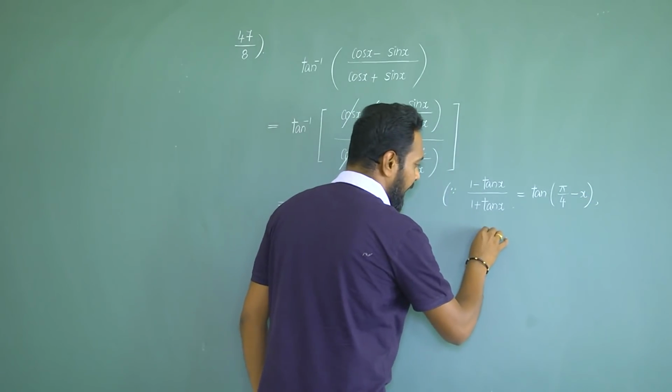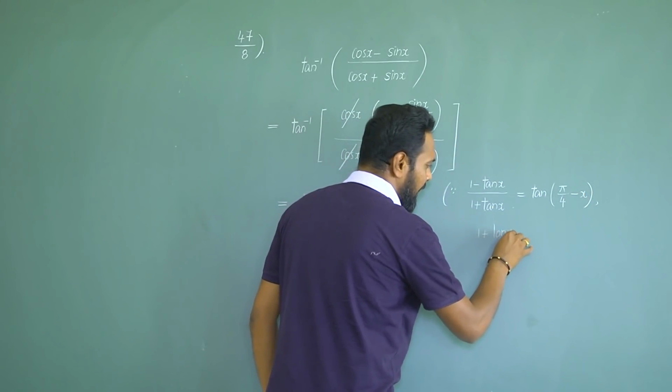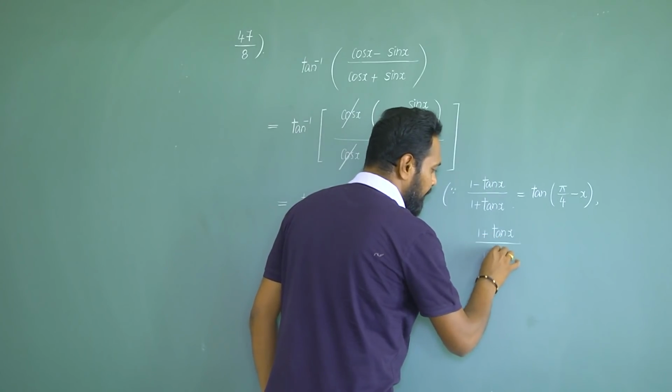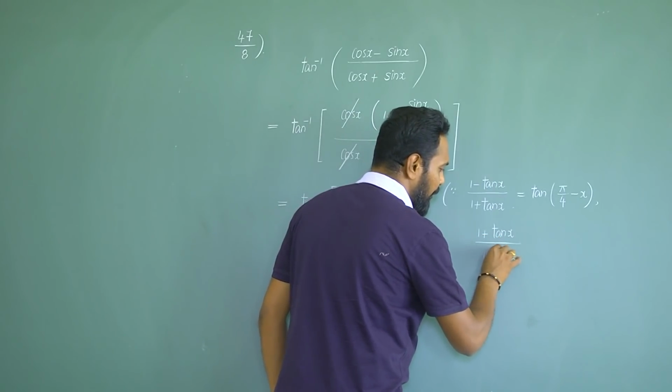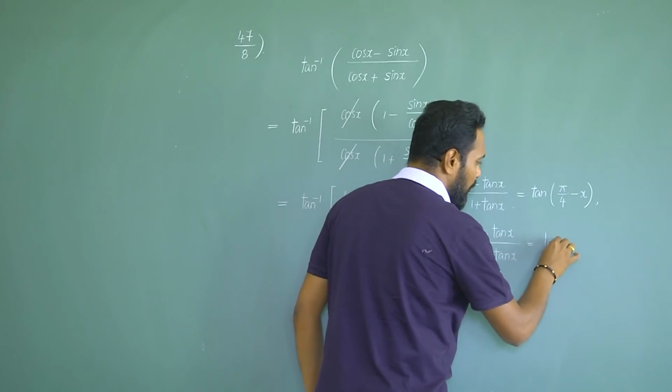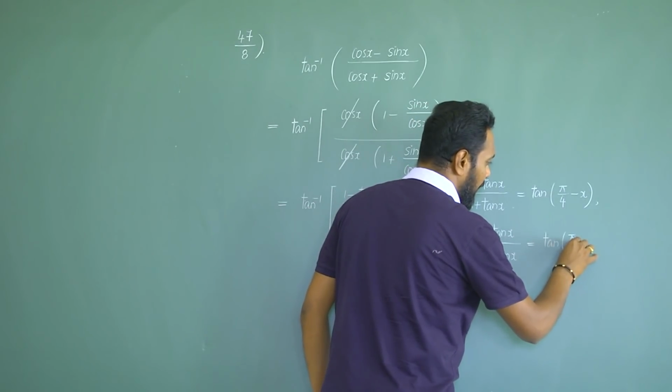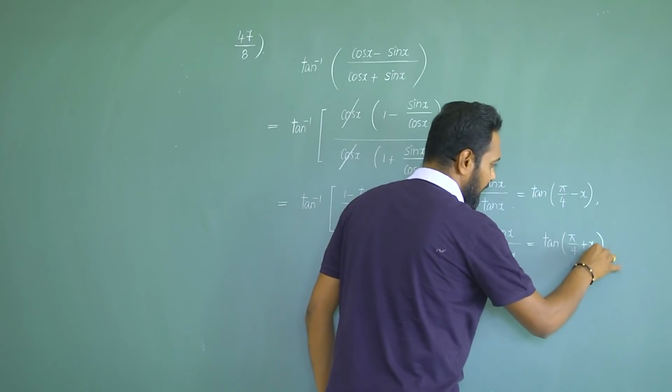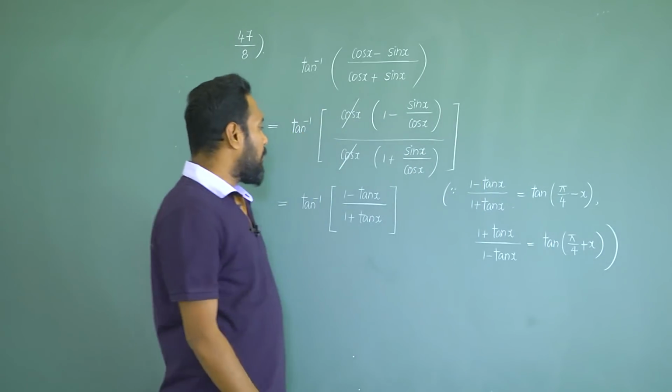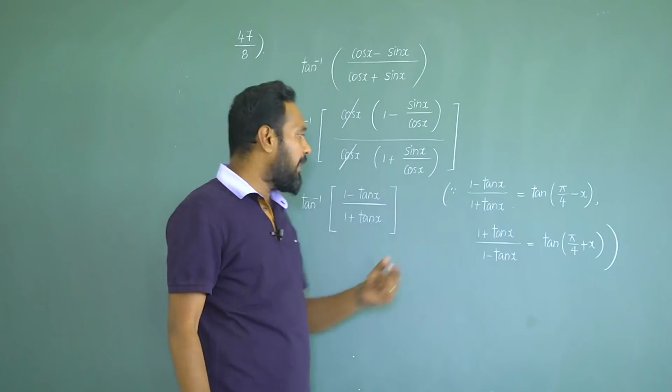In the same way, (1 plus tan x) divided by (1 minus tan x) equals tan of (pi by 4 plus x). So we have to use the first form here.